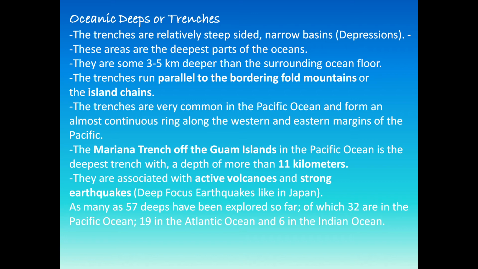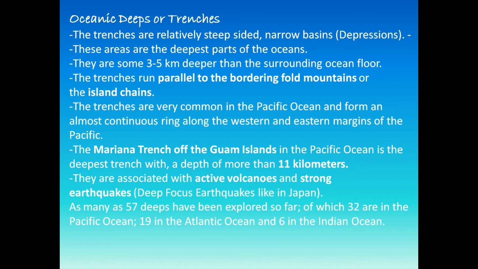The deepest part of the ocean on the earth is the Mariana Trench, which is more than 11 km deep. Some are 3 to 5 kilometers deeper than the ocean floor. The trenches run parallel to bordering fold mountains or island chains. After the continental shelf and slope, suddenly you see a dip, a very deep crack, which is called an oceanic trench.